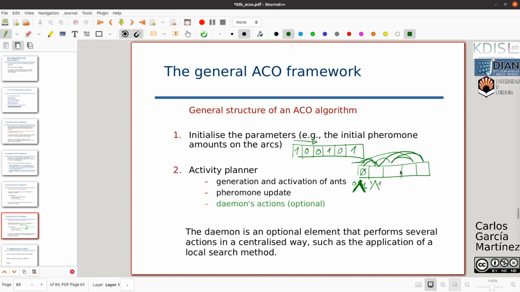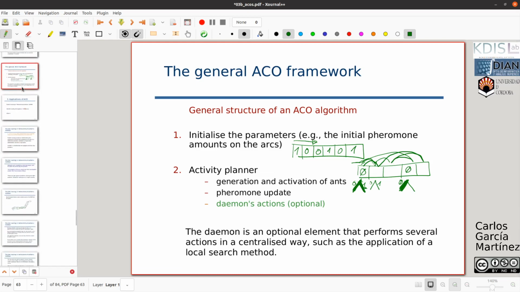And this way, the heuristic information is not always promoting the selection of the value 1. And the pheromone amount is always the amount you lay on these options. So for instance, let's suppose that in this case you got 2 options, but you got more pheromone for the option 0 than for the option 1. So this way you are making it more probable to set this decision variable equal to 0.